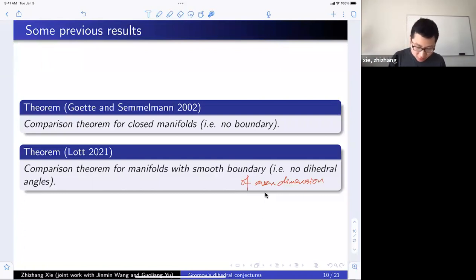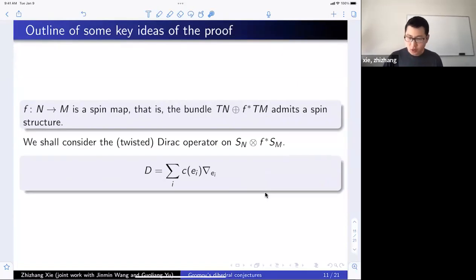But anyway, for manifolds with smooth boundary, which means no dihedral angle, this type of comparison result was a theorem of Lott. So I guess that's basically the statement of the theorem and a little bit of history. Are there any questions? If no questions, I'm going to move on to outline some of the key ideas that come into the proof of this theorem.